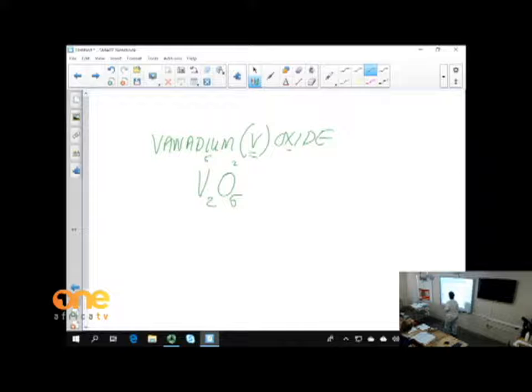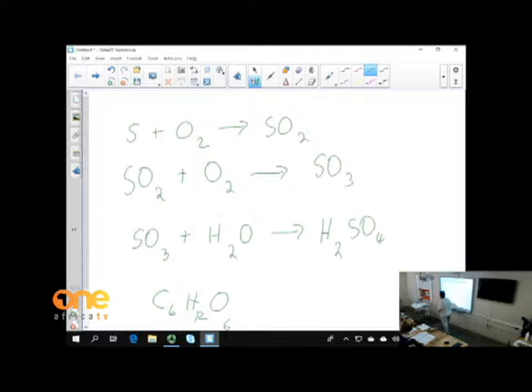But now we have a problem, because when I take sulfur trioxide and I add it to water to make sulfuric acid, this reaction is extremely exothermic. It gives off loads of heat. And what happens is it tends to vaporize the sulfuric acid.